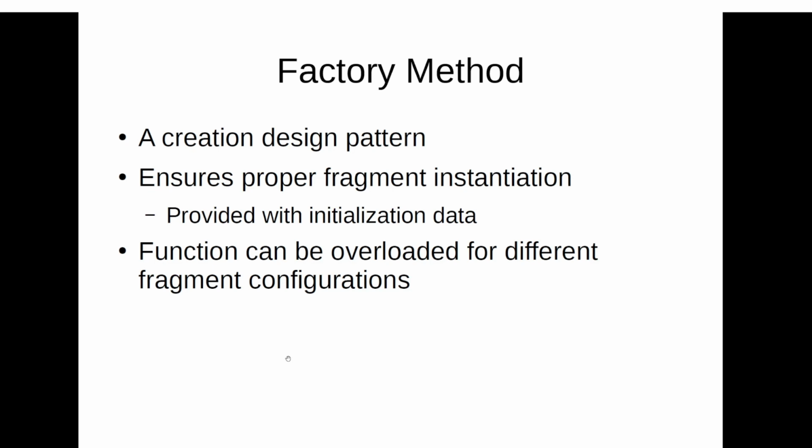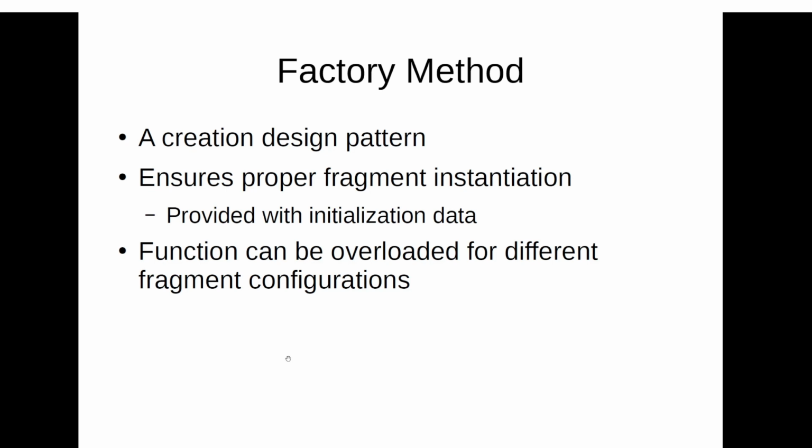So essentially what we're going to do is provision our image fragment class with a function that allows us to always have a properly created image fragment instance. You can create overloaded versions of a factory method to ensure that you can create different types of instances of your object if needed.